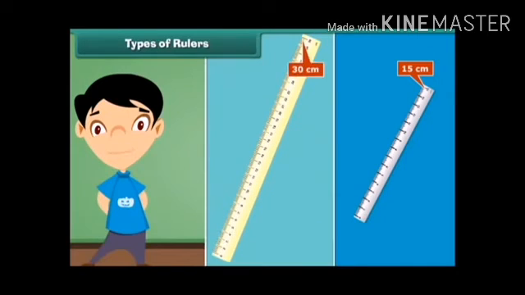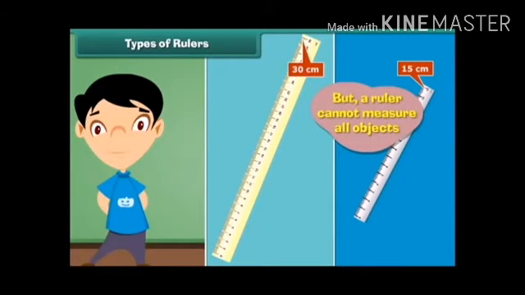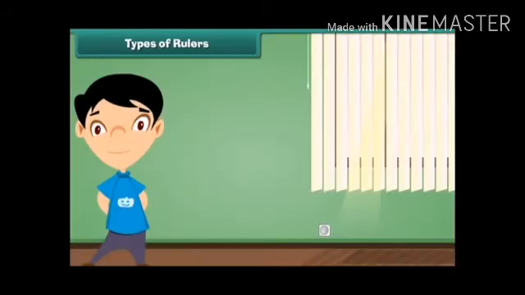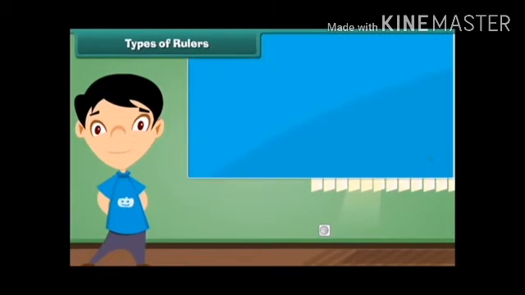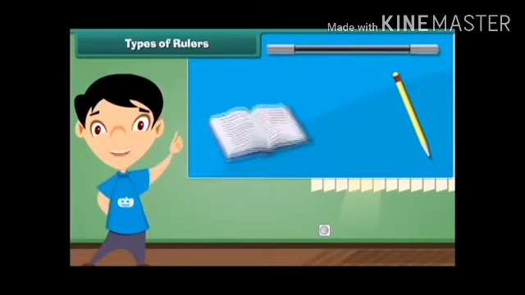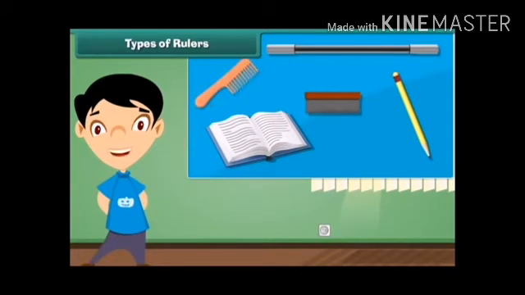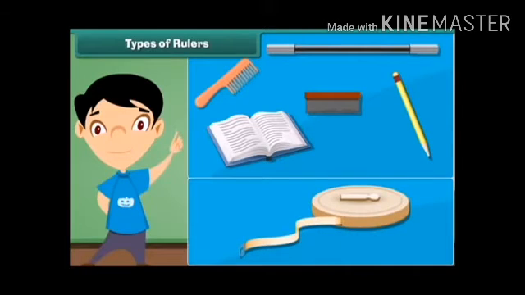The second ruler can measure length up to 30 centimeters. But a ruler cannot measure all objects. A ruler is used to measure only short-length objects such as pencil, stick, notebook, duster, comb, etc. A measuring tape is used to measure long things.